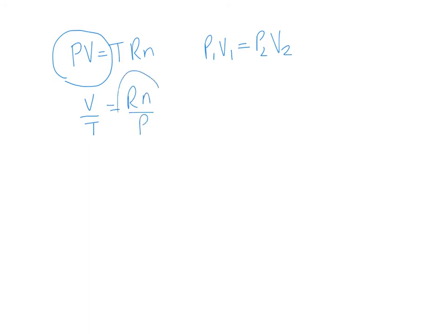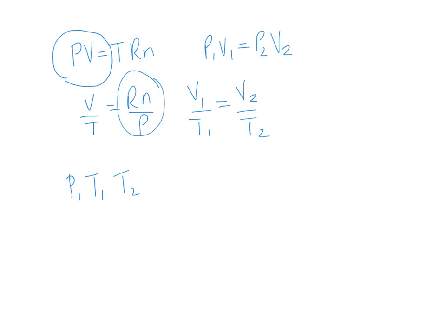But this is now a constant, so V1 over T1 equals V2 over T2. So if you read the question and you notice what the information is, like pressure, temperature, and then a new temperature, what's the pressure? You know the letters of the formula that you need.